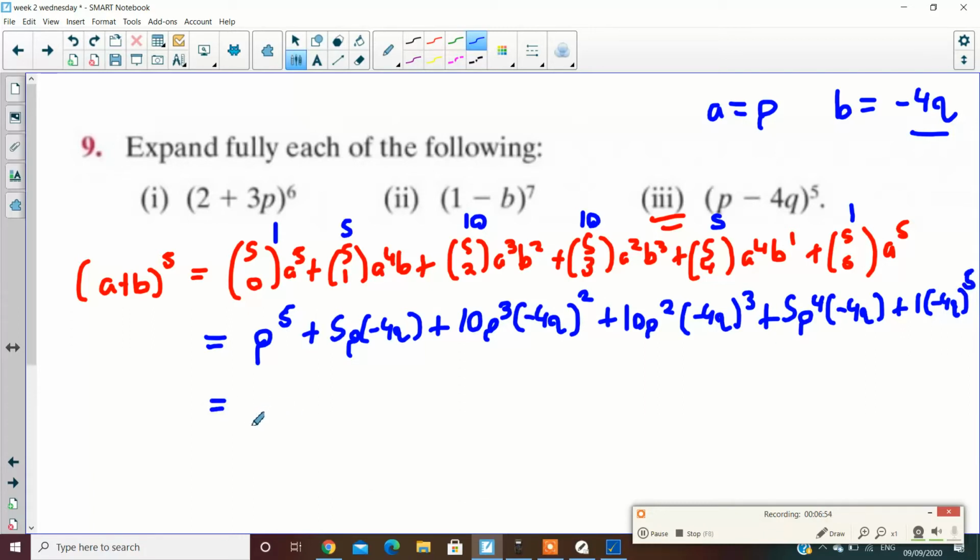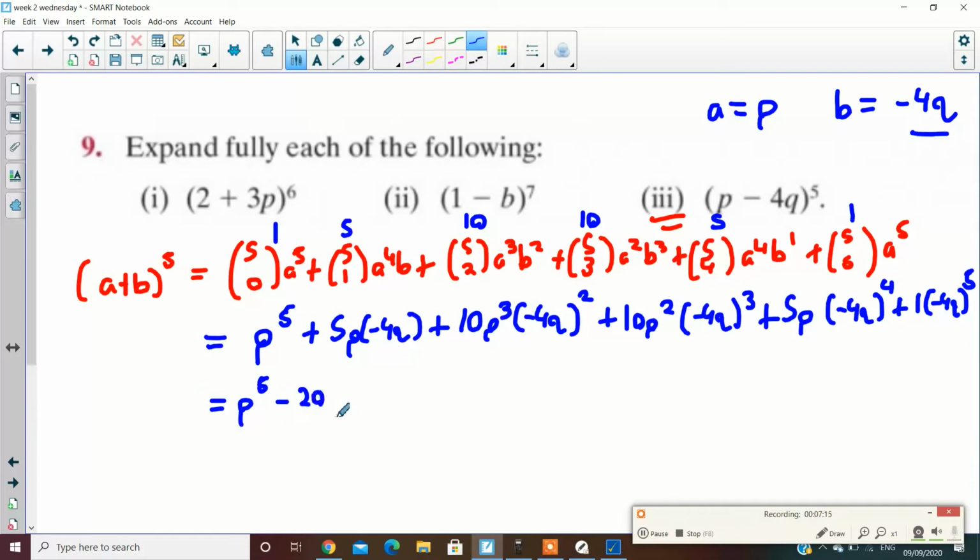Now, this one here. 5p and that to the power of 4. Perfect, thank you. p^5, what's next?